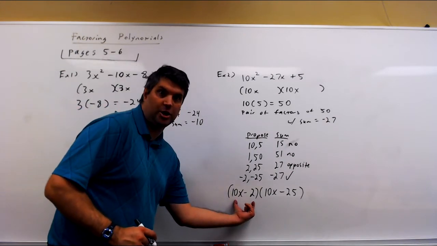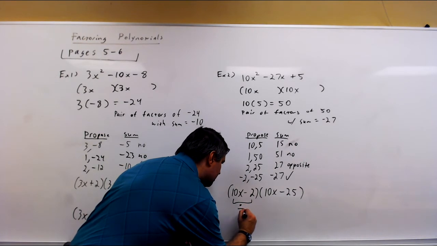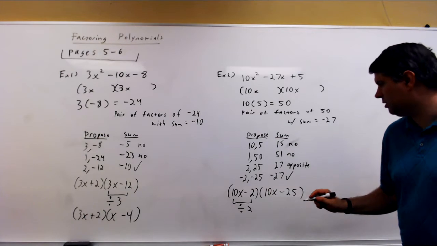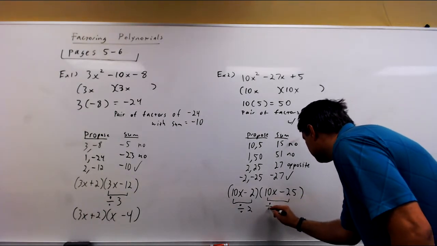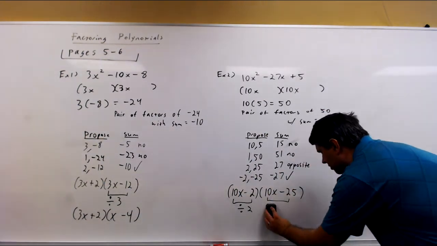These two are divisible by 2, they're both even. These two are divisible by 5. Let me spread those dots around so that it doesn't look like a plus.